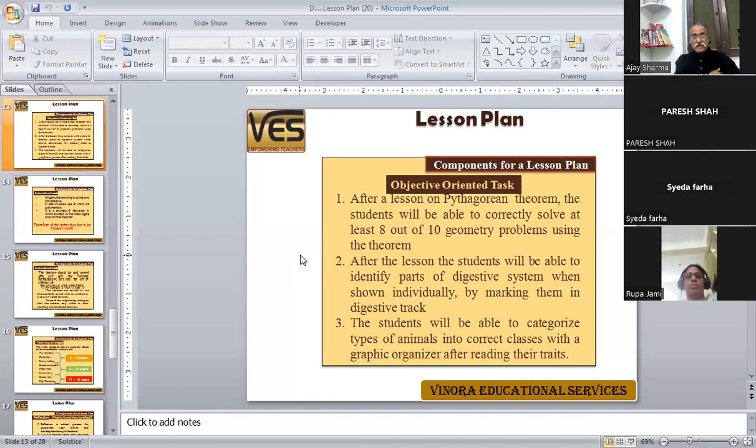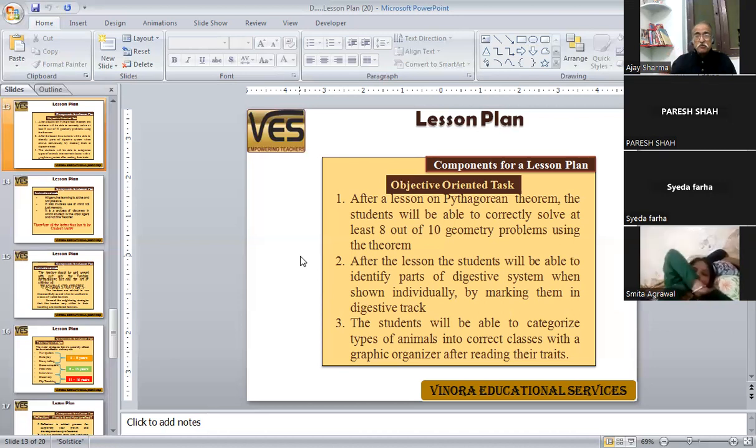Next is, just like this, after the lesson, the students will be able to identify parts of the digestive system when shown individually by marking them in the digestive tract. I show them a kidney bean. Which body part resembles this? So they will immediately jump up to say it is kidney. Similarly, if I show them a sentence, they will be just marking adjectives, verbs, underline them.